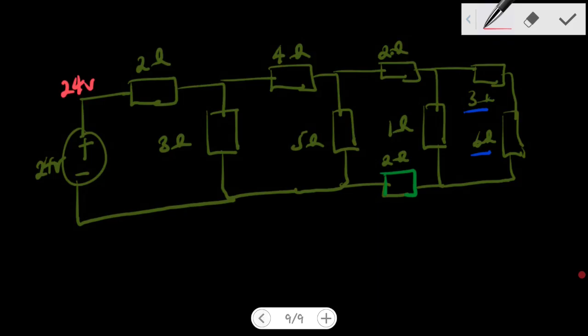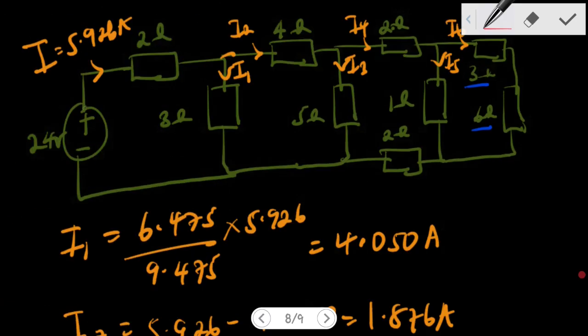Previously we knew that the current going through the 2 ohm resistor is 5.926, right? The potential drops by 5.926 times 2, to give us the potential at that point.